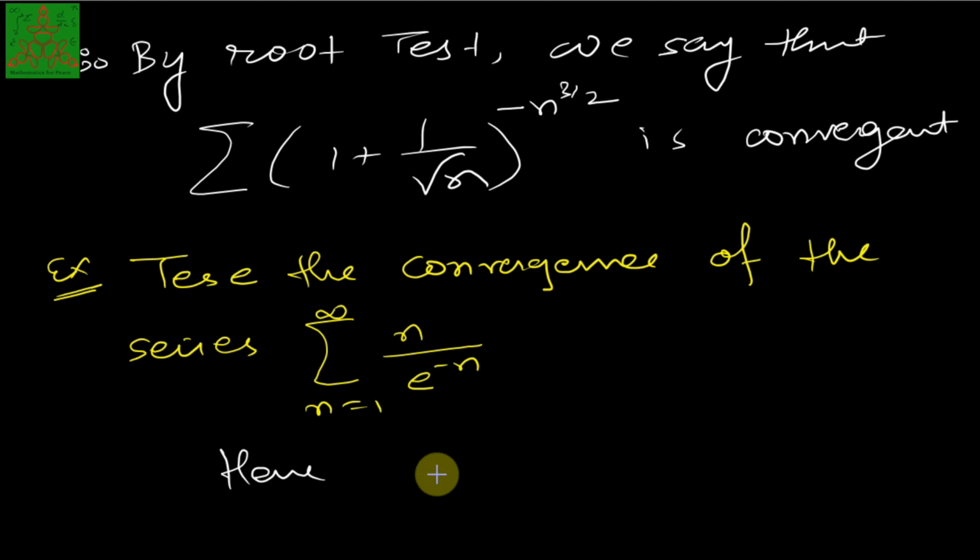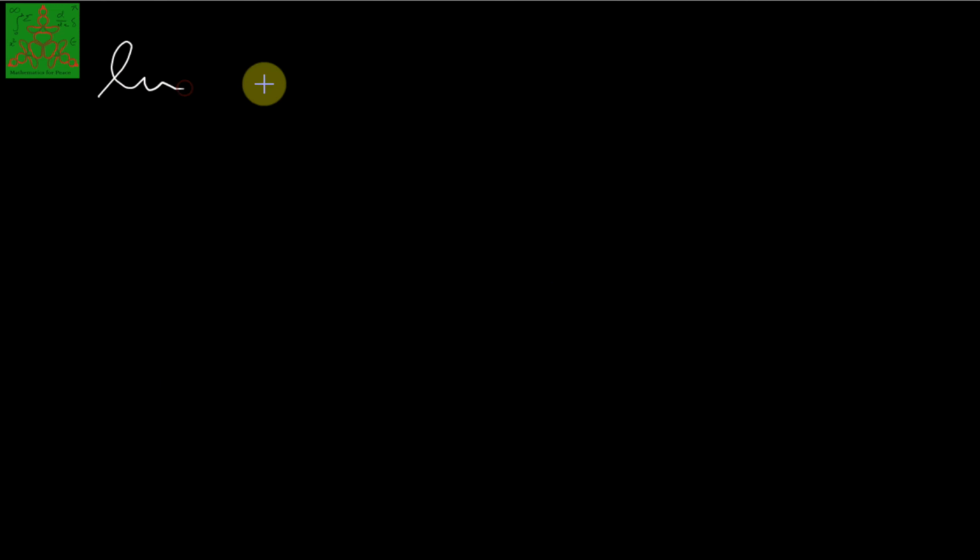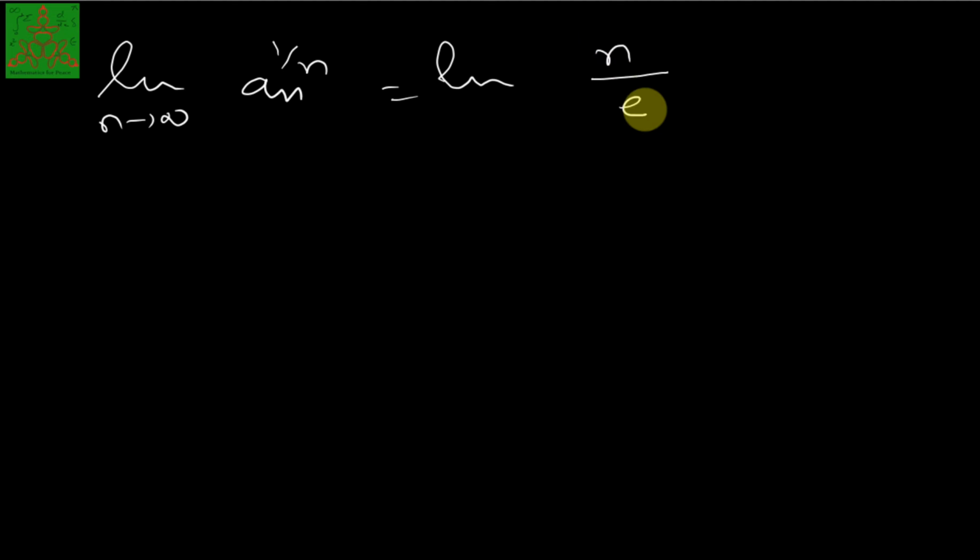Here the value of a_n is n upon e^(-n). So let us take the nth root of this, that is, let us see what will be the limit of a_n^(1/n) as n tends to infinity. So that is the limit of (n/e^(-n))^(1/n) as n tends to infinity.